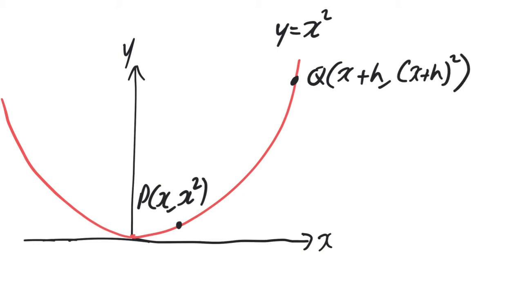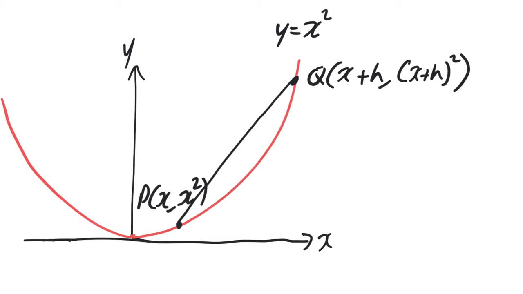So as h gets smaller and smaller, which is what we're going to do for differentiation, we want to find what the gradient is at P. So as h gets smaller and smaller, what happens is this Q will move closer and closer to the P. So effectively, the gradient of this tangent I've just drawn will get closer and closer.